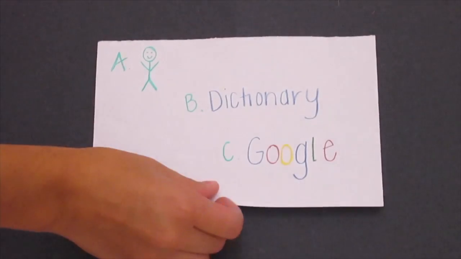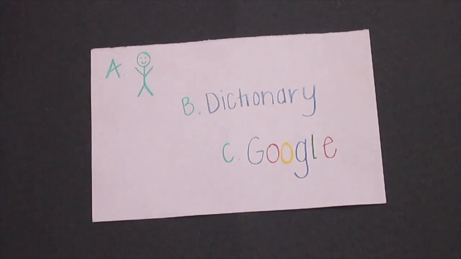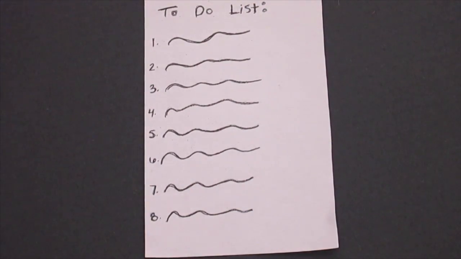Make sure to get your facts from a variety of sources like a person, a book, or the internet. Your unit should always be organized so students know what they're doing and when they are doing them.